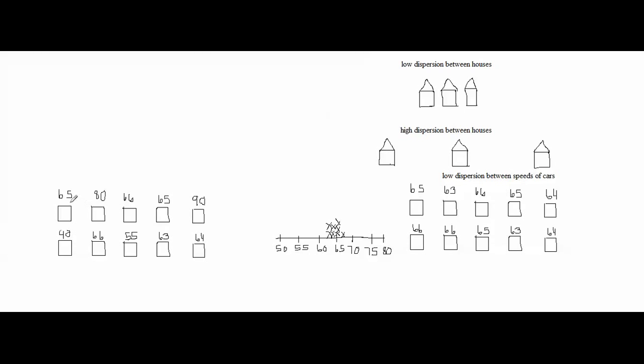We now have an example of 10 cars that have a higher amount of dispersion between their speeds. The speeds are now further apart from each other, so this would be a higher amount of dispersion between the speeds of the cars.